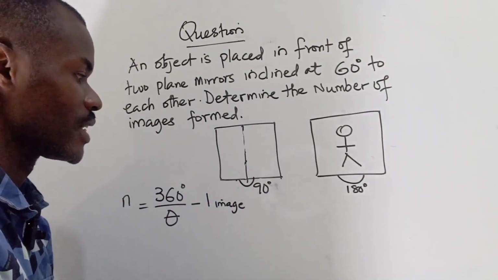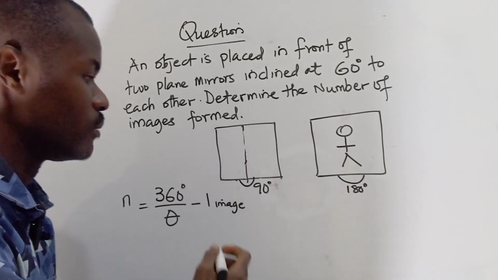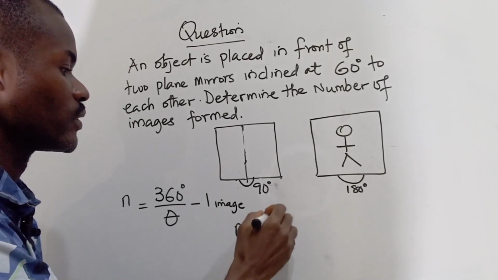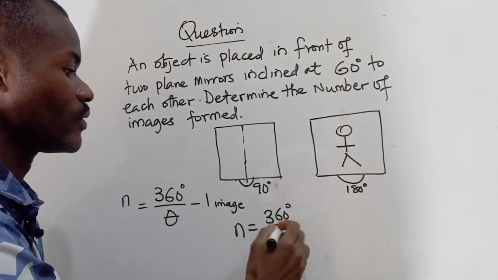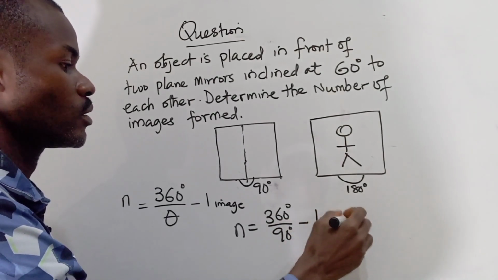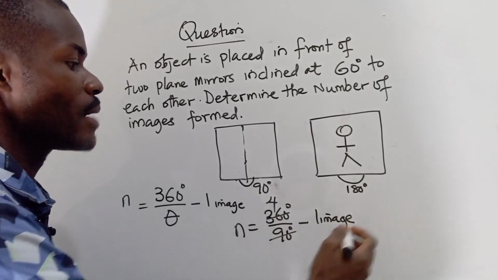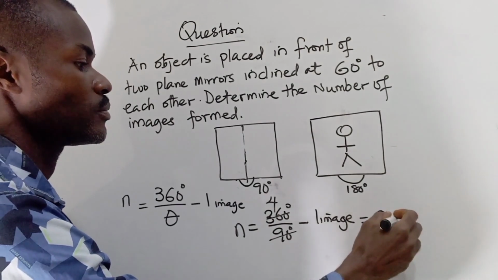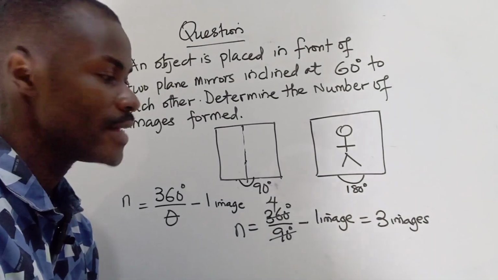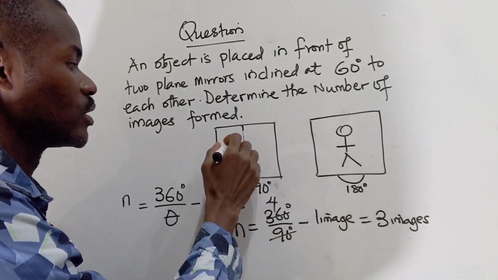Let's see how many images are going to be formed inside the two plane mirrors. So we put 90 here. The number of images is 360 degrees divided by 90 degrees, minus one image. This gives 4, so 4 minus 1 is 3 images.